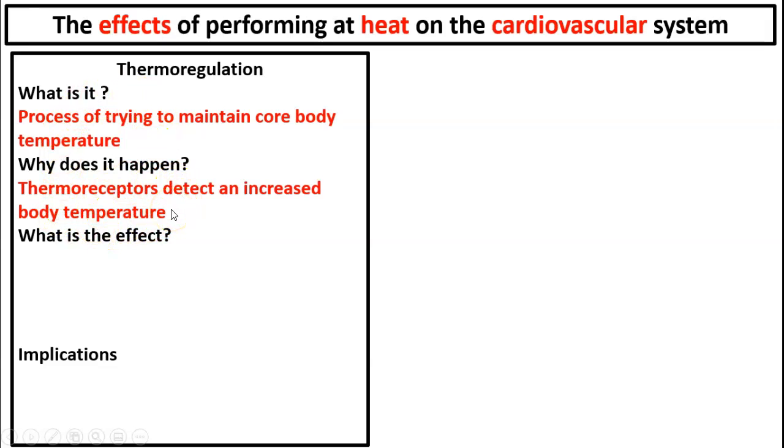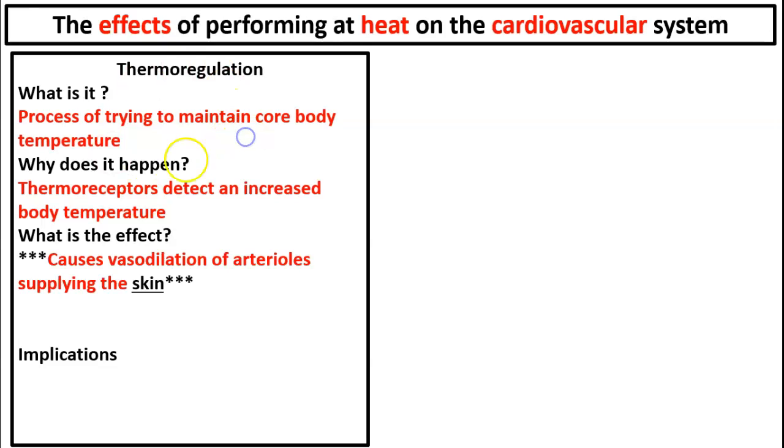Now what is most important with regard to your subject knowledge, if this is the foundation, in terms of the actual application, if we're at exercise, our body is trying to thermoregulate itself, okay, to try and maintain that 37 degrees C. This process starts via the receptors, thermoreceptors detect an increase in core body temperature. Now the effect of this is when we are exercising at heat, this will cause vasodilation of arterioles supplying the skin.